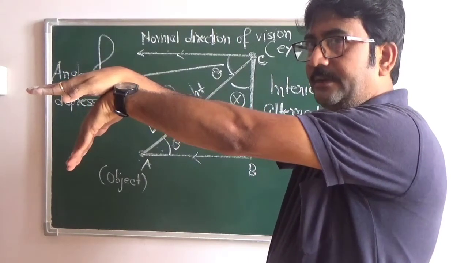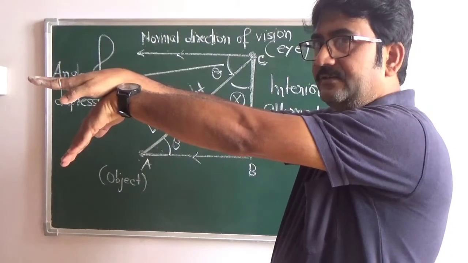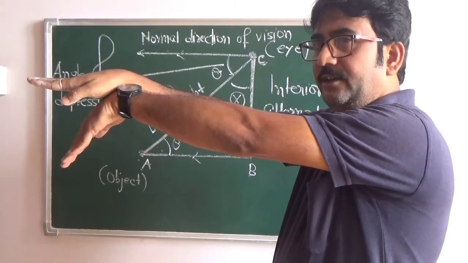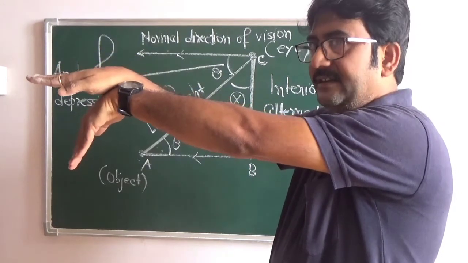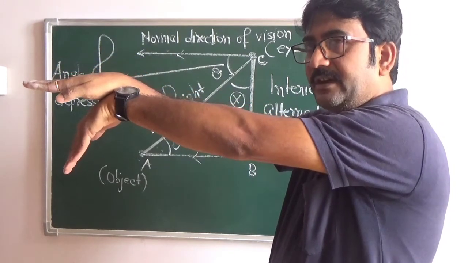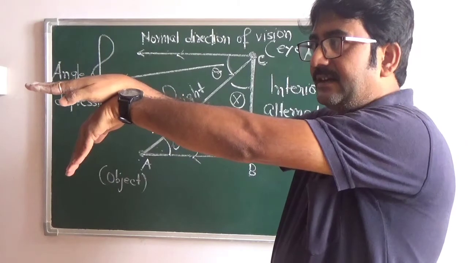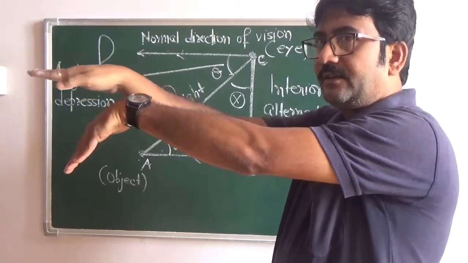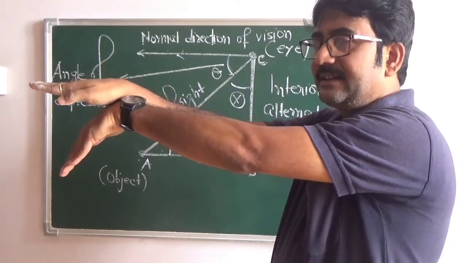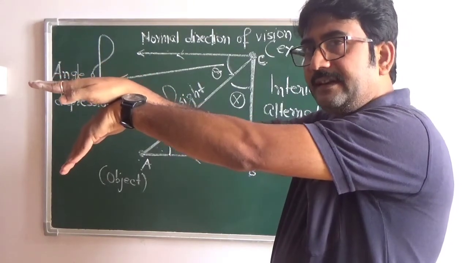Looking in the downward direction, the angle which is formed is called the angle of depression. This is your normal direction of vision and this is the direction in which you are looking at the object. So the angle formed between the line of action and the horizontal normal direction of vision is called the angle of depression.